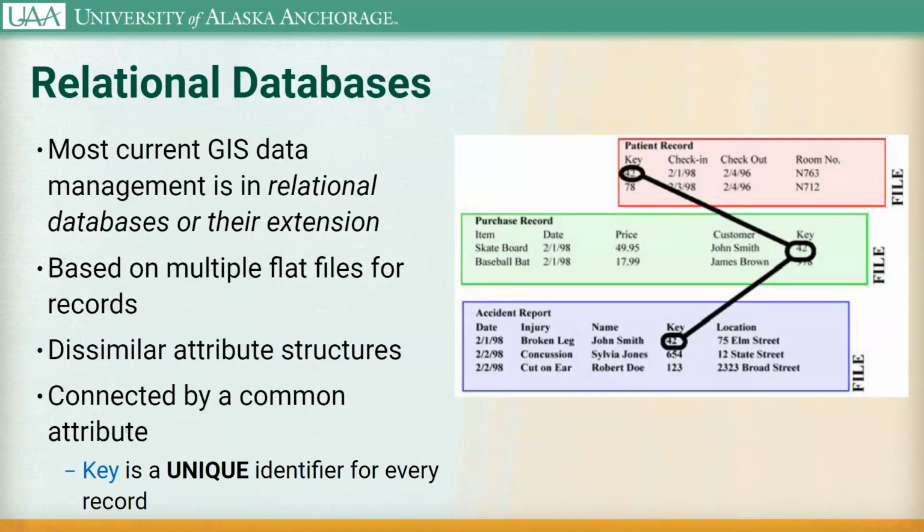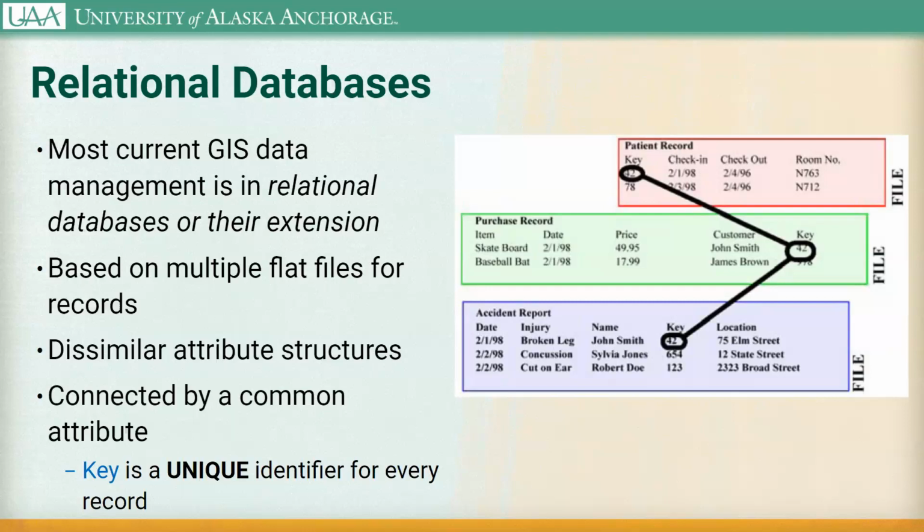So here we have a really interesting set of connections between the sports equipment that you choose to purchase, who purchased that sports equipment, and who shows up in the ER as a result of that sports equipment. So that's an interesting conceptual use of a geodatabase.